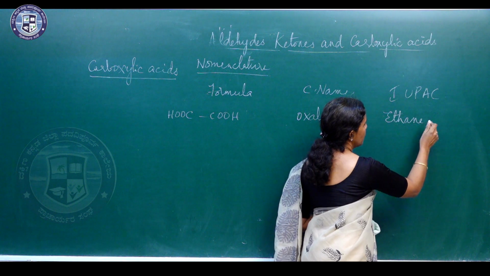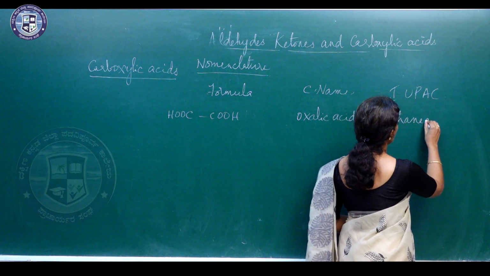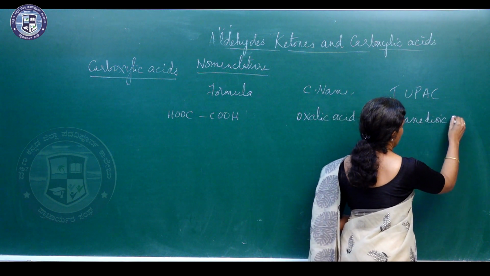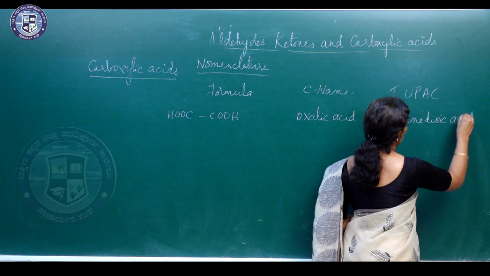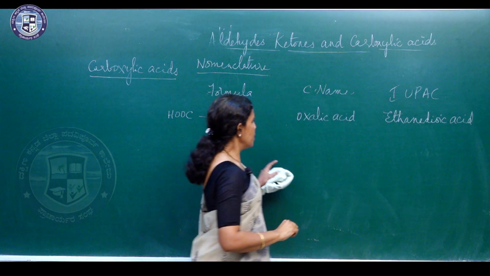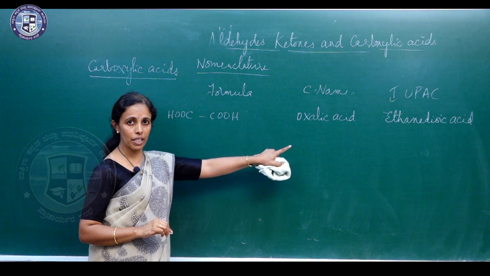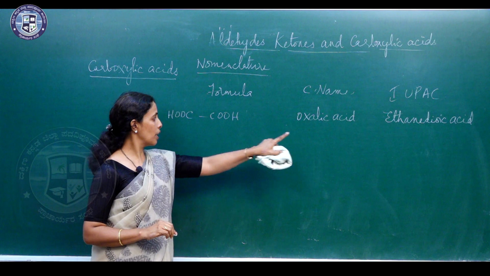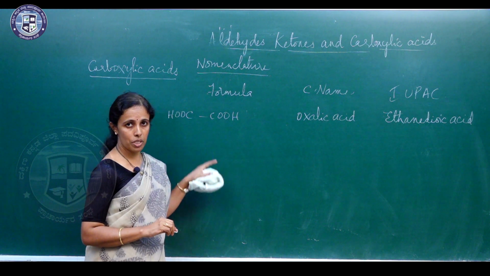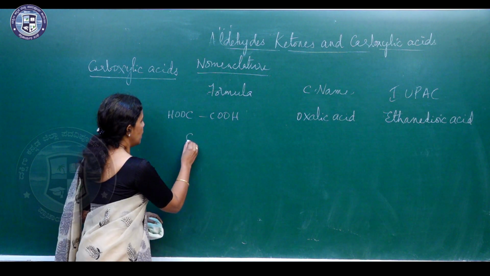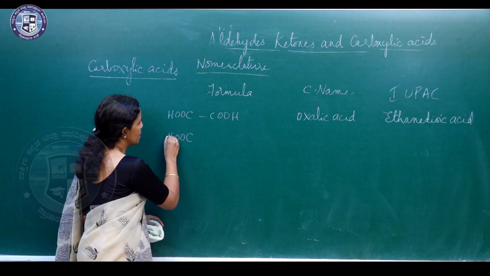E of the alkane is retained and we say it is dioic acid, ethane dioic acid, because it has 2 carbon atoms in it. It is ethane, and we call it as dioic acid, that is because there are 2 carboxyl groups in it.